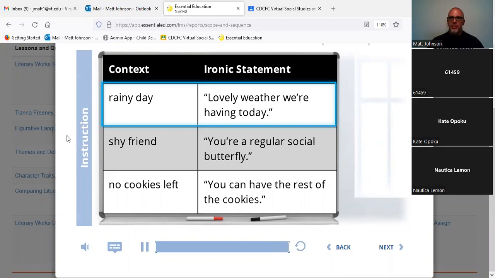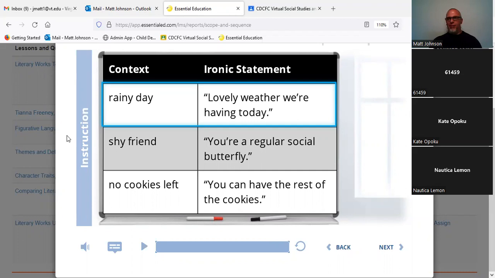Yeah, irony sometimes is hard for people to grasp. And this time, when it's sarcasm, usually most people understand it. There's another sort of form of sarcasm that's being facetious, when you make light of a serious situation. Like maybe you're having a really bad day.